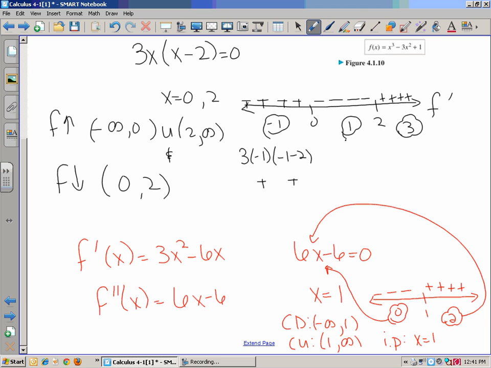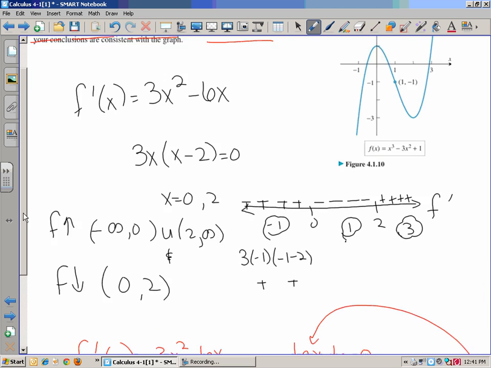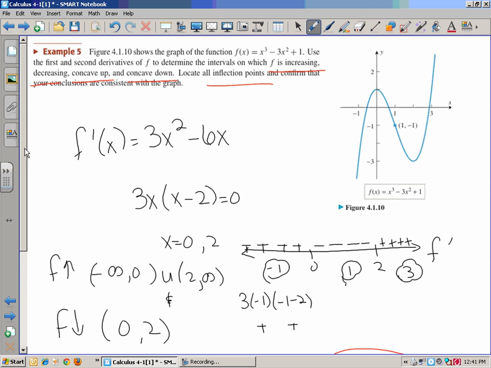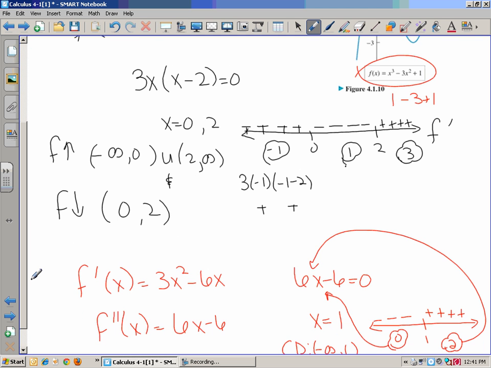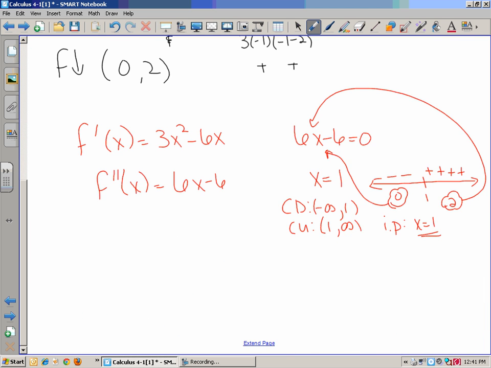And the way I find out where that inflection point is, I take this 1 and I plug it into the original function. So my original function is here. So 1 minus 3 plus 1. 2 minus 3 is -1. So 1, -1. Oh, look, it's right here. Good job. So I have an inflection point at 1, -1.